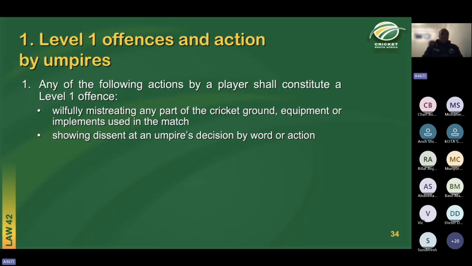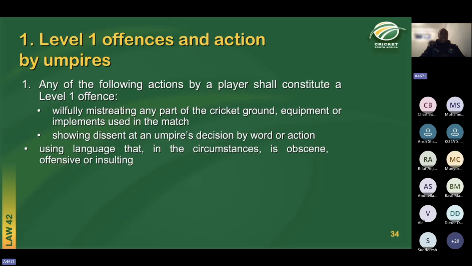But what I'm seeing commonly around the world is batters are going to raise their bat and show it to the umpire to dispute the decision for being given out LBW. That is considered dissent and is a level 1 offense according to the laws of cricket.